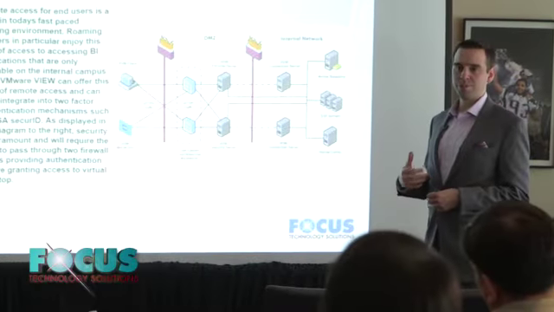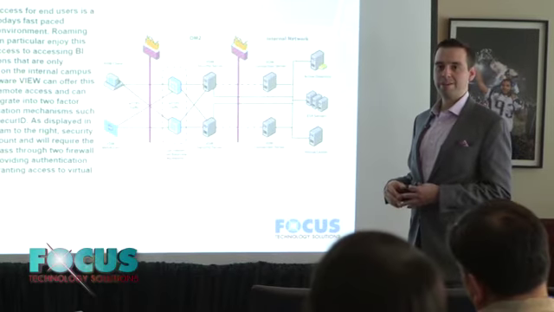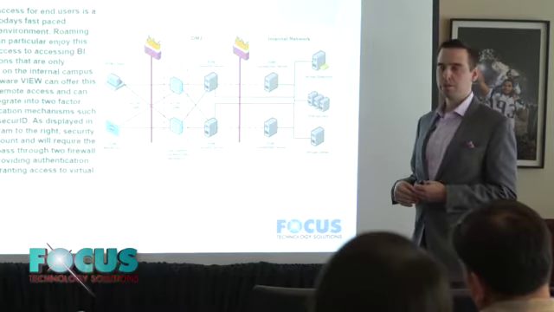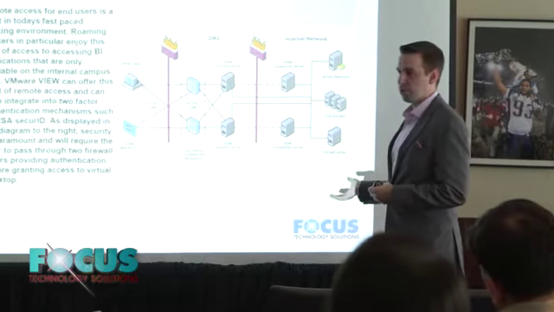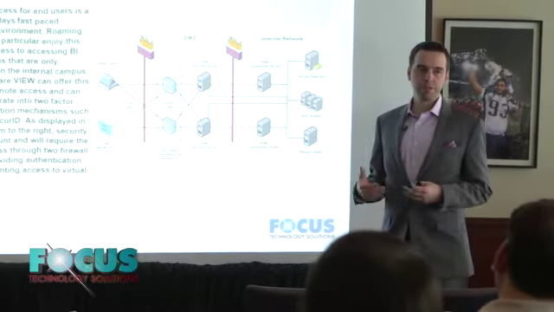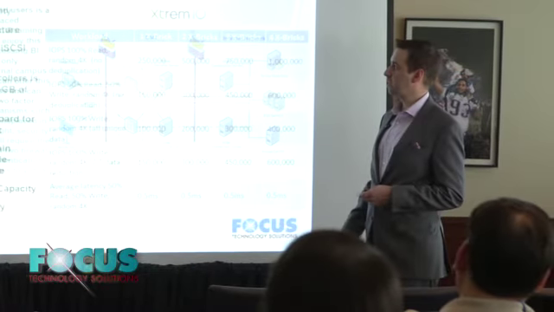As an EMC partner, we're okay with that, but some of you may want to use some other technologies that are available. So now they actually support anything that will integrate with RADIUS. You can make a RADIUS call to it and do two-factor authentication.